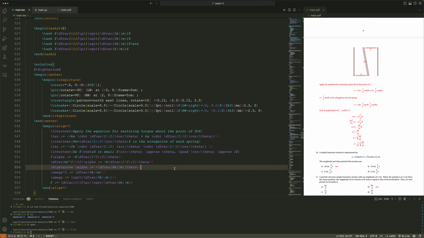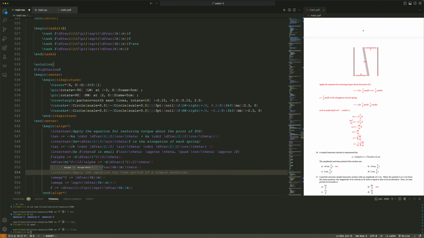One more thing here, we have to justify by applying the equation for the period. Compare with the equation, that will be better.